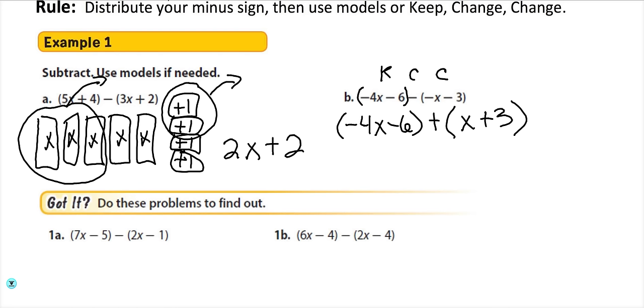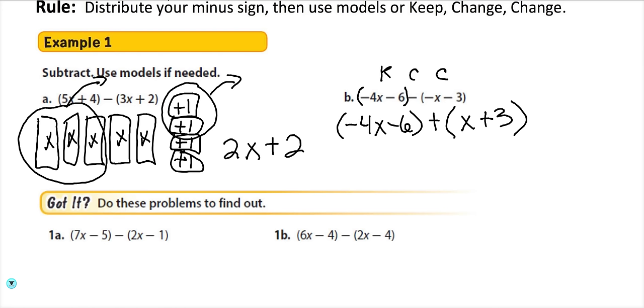You can also distribute the minus sign, which is in essence using keep change, because when you distribute out a minus sign, you're changing all the signs. The minus and a negative means plus, so that becomes positive, and the minus and another minus becomes a plus sign. So it's really all the same.